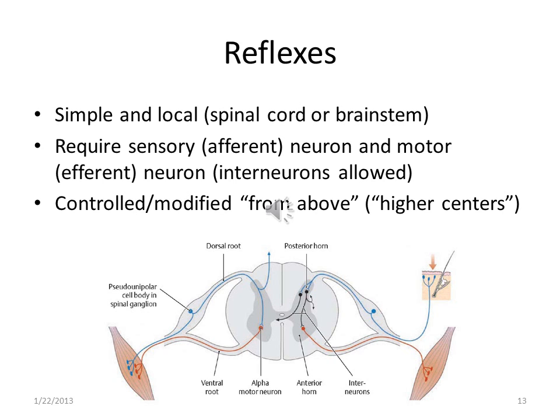Reflexes are always located at the level of the spinal cord or brainstem, and they can be controlled or modified by higher brain centers, for example, from the reticulospinal tracts, the lateral corticospinal tracts, or the vestibulospinal tracts.